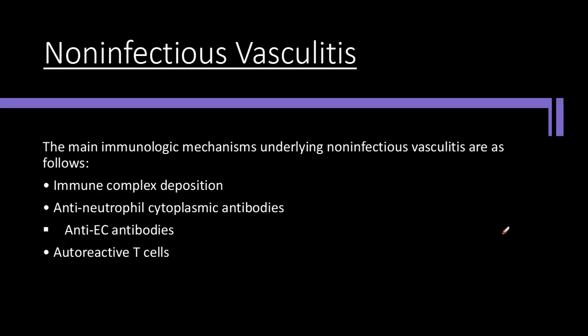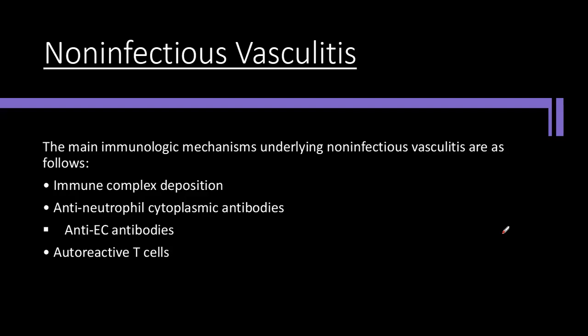Some antibodies directed towards the infectious pathogens can cross-react with the vessel wall. So infectious pathogens can indirectly cause vasculitis.